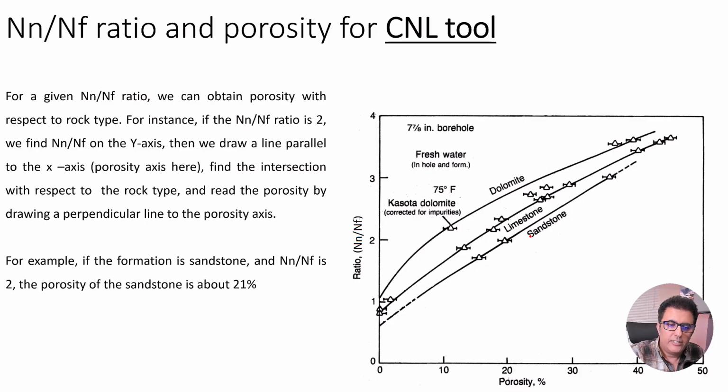For example, if the ratio is 2 and the formation is sandstone, what we do here is draw a line to cut the sandstone curve here, and from here, we draw a vertical line to cut the porosity axis. And for this example, the porosity is 21%.